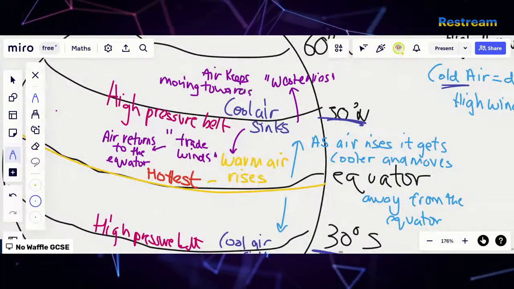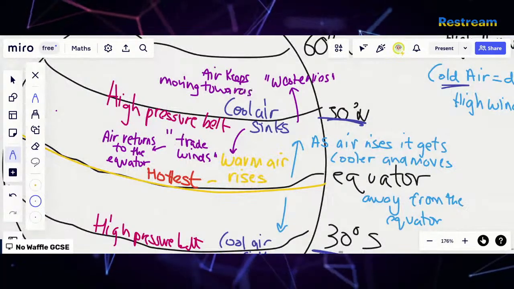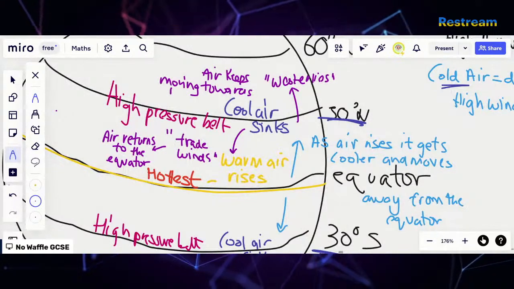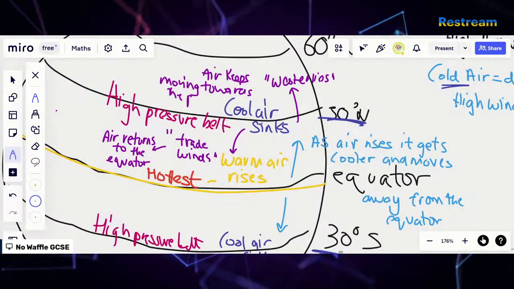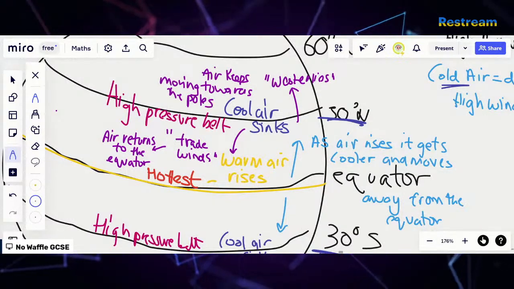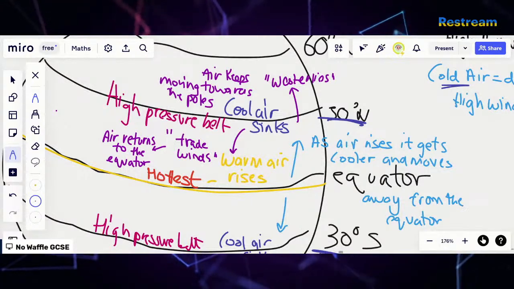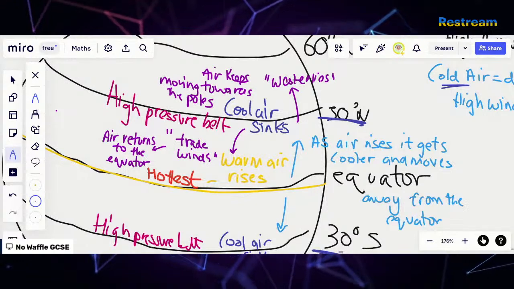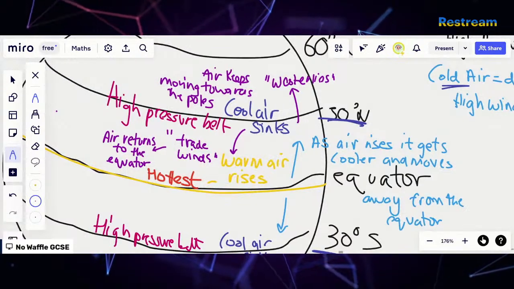Whenever you hear the weather, and they're talking about trade winds, it's the air that has sunk and is moving towards the equator, and if it's westerlies, it's the air that's moving away from the equator. I hope I'm not confusing you because there's a lot of writing here.